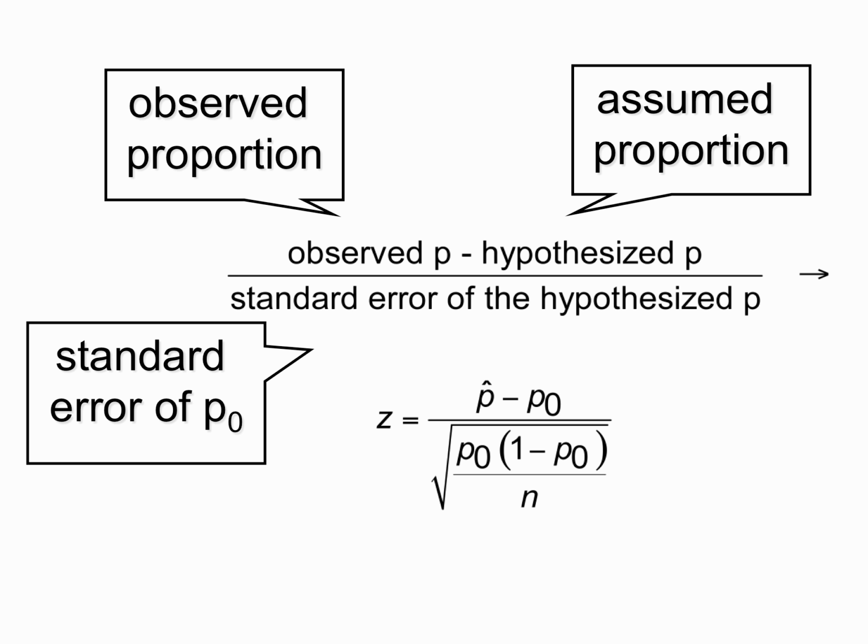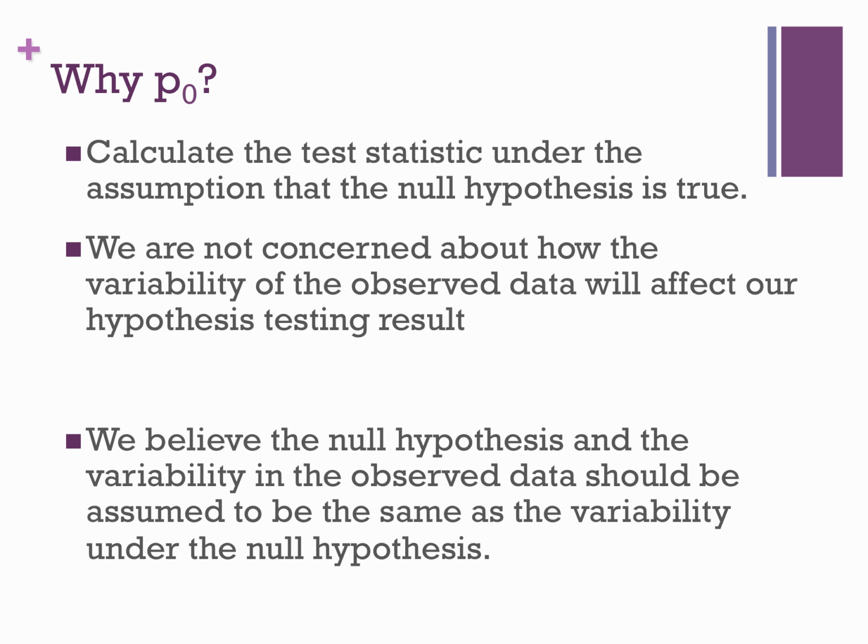And this is the standard error of the null hypothesis. We are using p naught, again, because we believe the null hypothesis to be true. And therefore, the variability we are concerned with is the variability about the null. We believe the null, and so we want to test our observed data against the null.